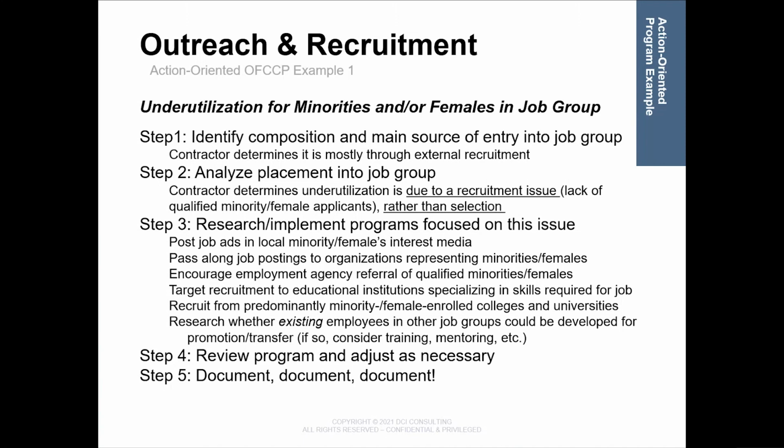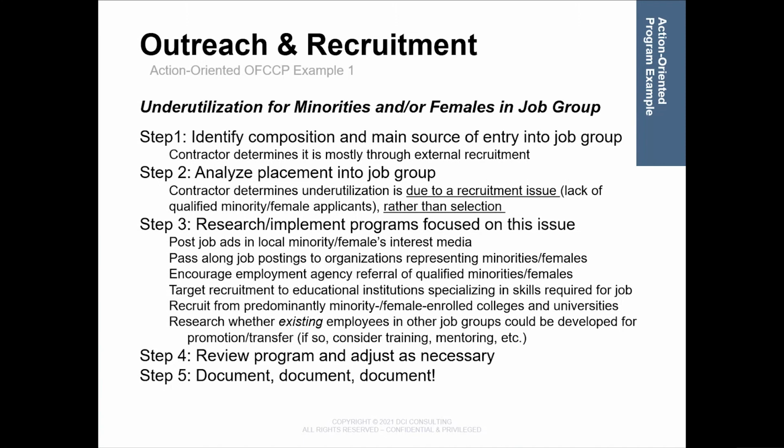The contractor may also want to explore whether there are existing employees in other job groups that could be developed for promotion or transfer and institute appropriate action programs to increase that type of opportunity as well.